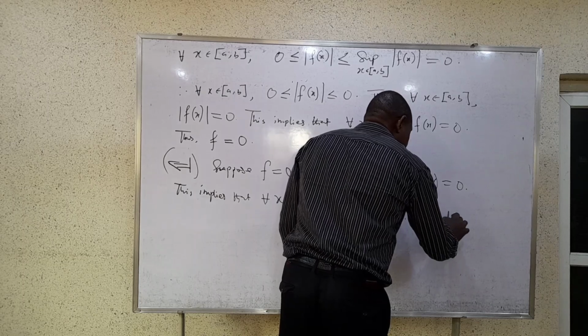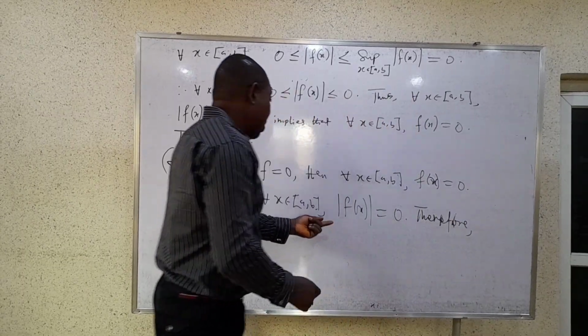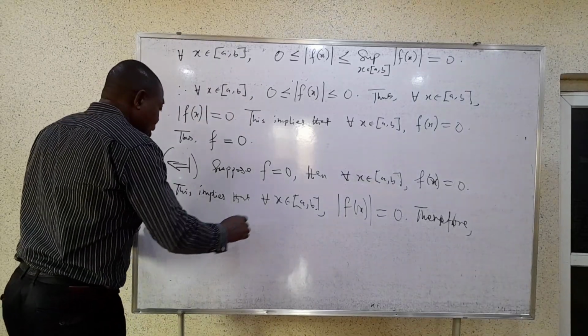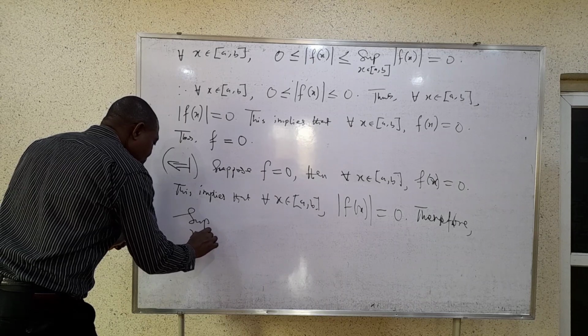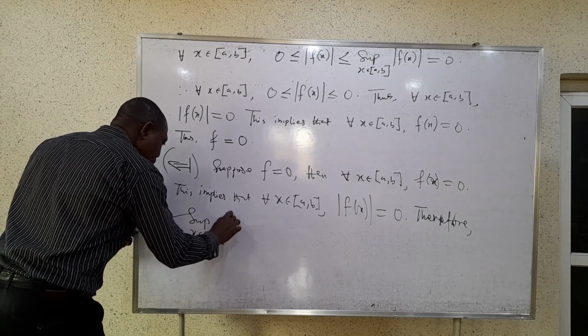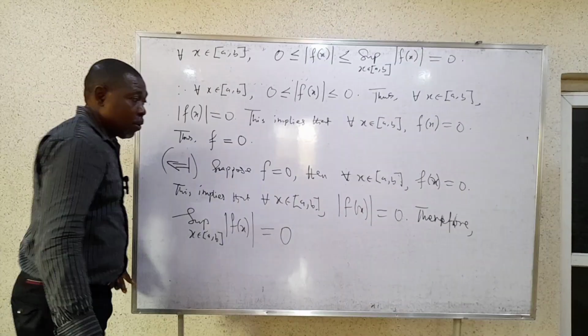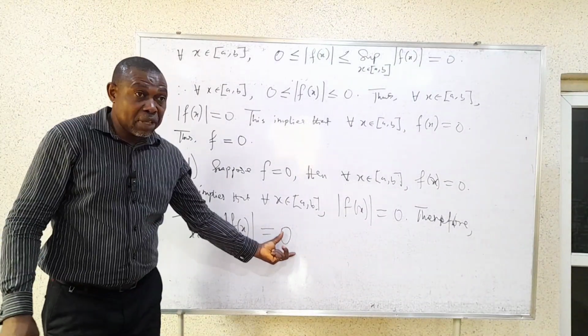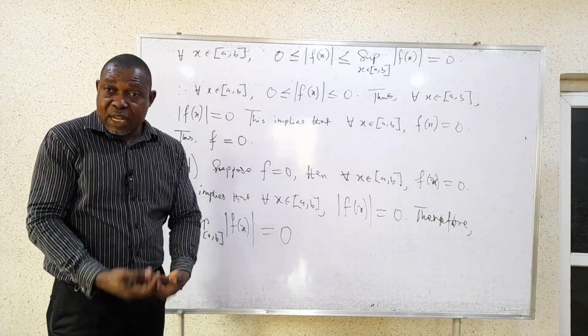since absolute value of f of x is 0 for all x in [a,b], if we take the supremum over x in [a,b] of absolute value of f of x, we must get 0, because you're taking the supremum of 0. The supremum of a point is that point.